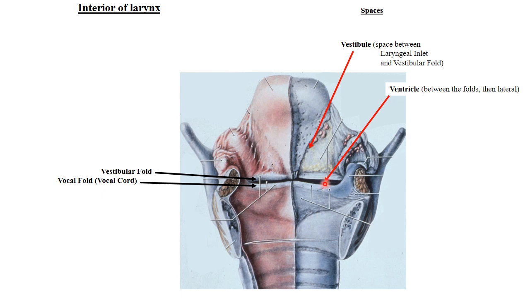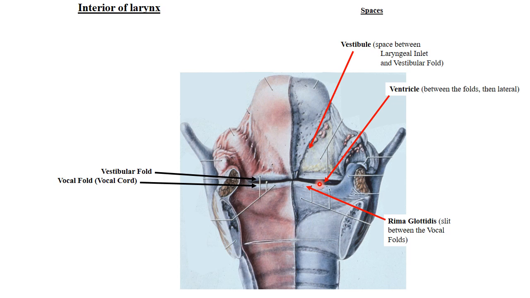It doesn't go anywhere. It's a dead end. But that cul-de-sac is another space called the ventricle, the laryngeal ventricle, just like the ventricles in the brain, but it's not in the brain, it's a laryngeal ventricle. And that's what those are. They're sort of lateral cul-de-sacs. Again, they don't go anywhere, but that's what is out there.